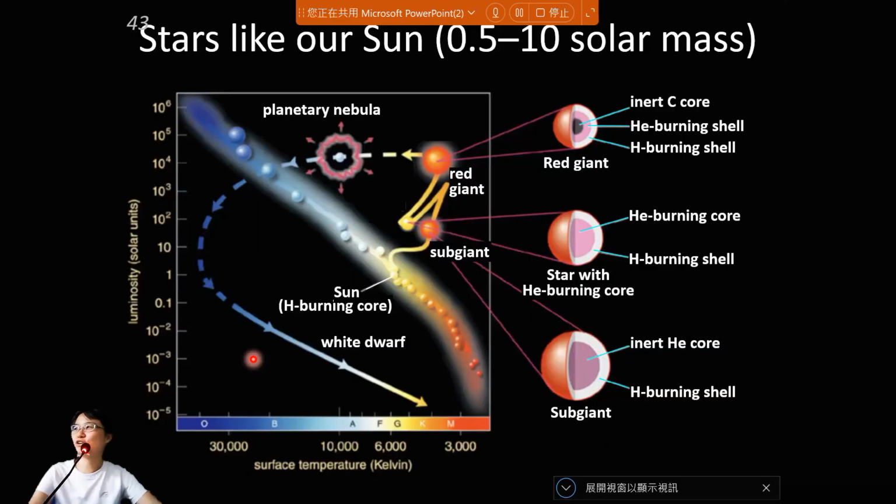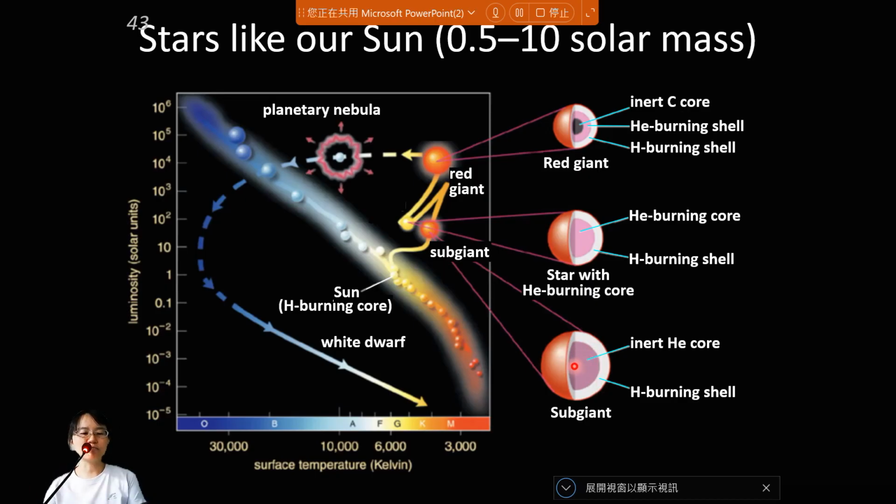Now let's take a look at our sun. Our sun is probably in the middle. It's not too small and not too big. Its route on the HR diagram is like this, counterclockwise. Initially, it's fusing hydrogen into helium. When it enters the subgiant stage, its inert helium core is getting larger.